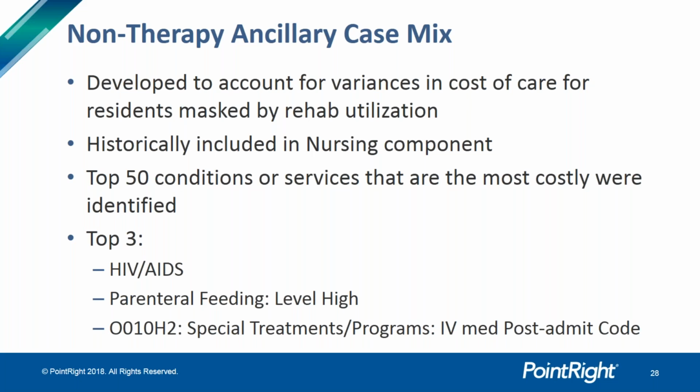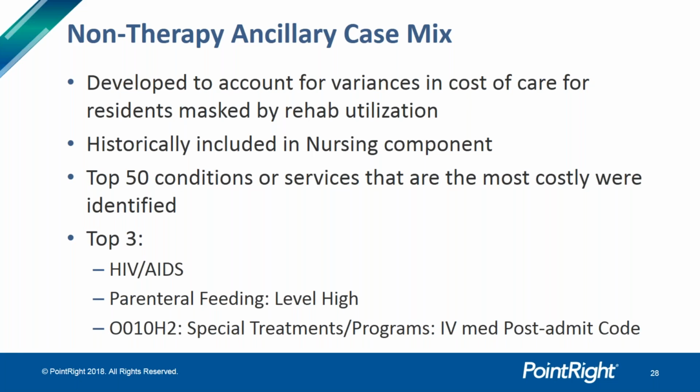Historically, this was folded into the nursing category, and just for clarity and for better resource allocation and better math, essentially, they've split it apart so that we can really see how this non-therapy ancillary case mix influences the rate and the resources that are used in providing care to these subacute patients.